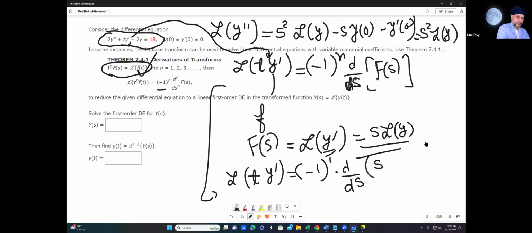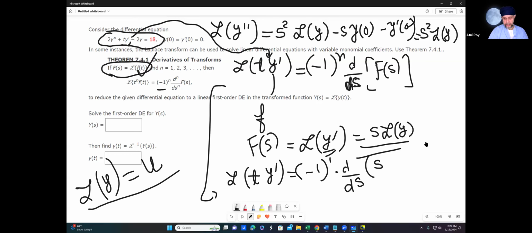And what did we take for L of y? We took another symbol. Let's call that U, in order to solve it correctly. So this is s U here, right? Are we good? Very nice.